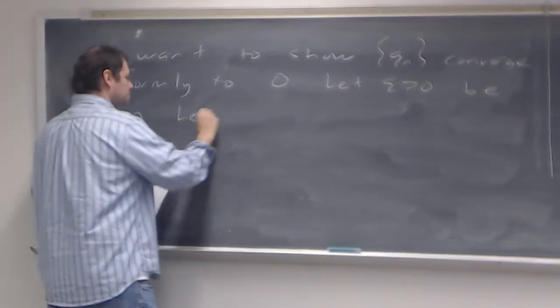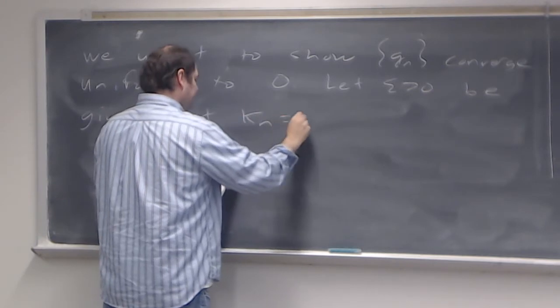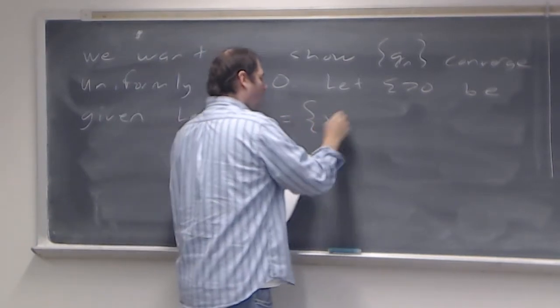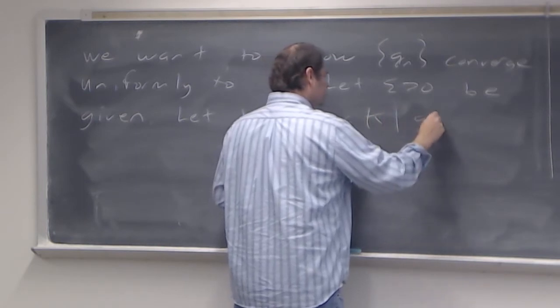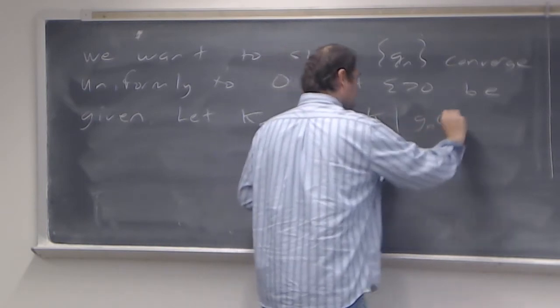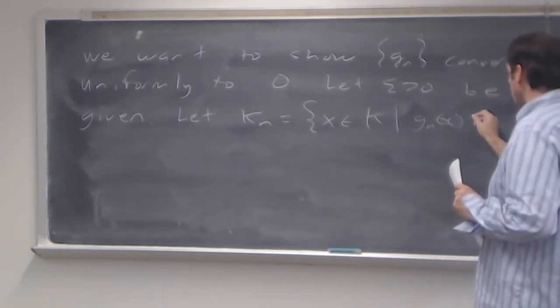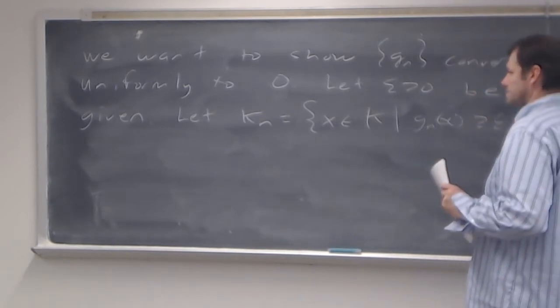We let K sub n be equal to the set of all x's in K such that g sub n of x is greater than or equal to epsilon.